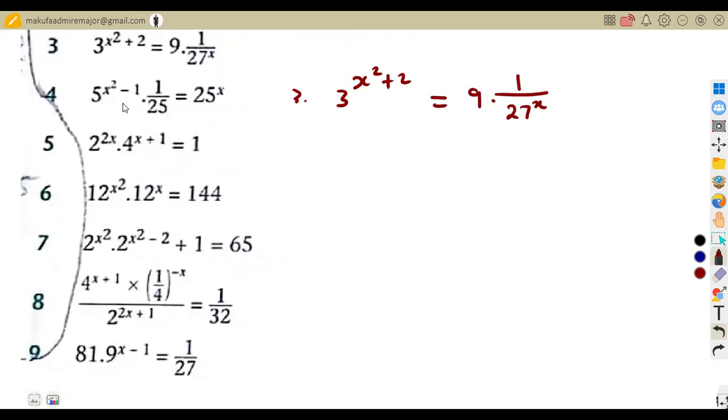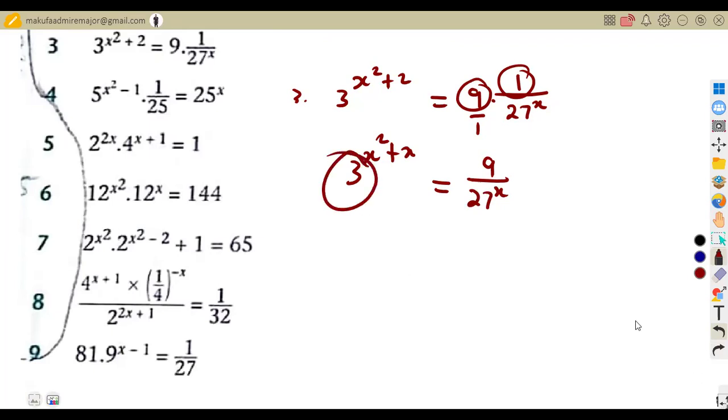Just like the previous case, this 3 is in simplest form, so there's nothing to do, just rewrite it as it is. x squared plus 2 is equal to, remember, 9 is the same as 9 over 1, times 27 to the exponent of x. We are in the base of 3 because we consider 3 as the simplest number, the prime number, so it's not going to change.